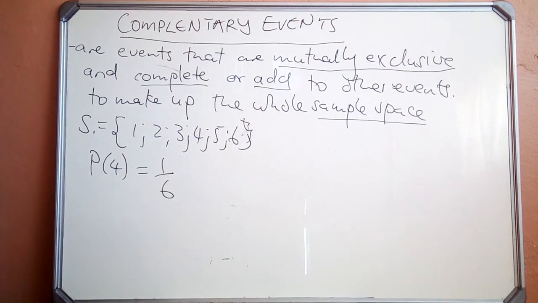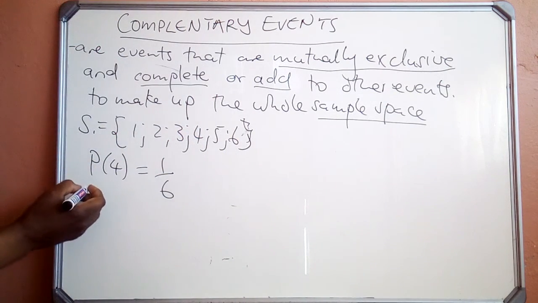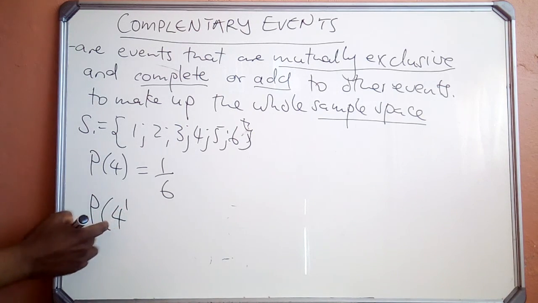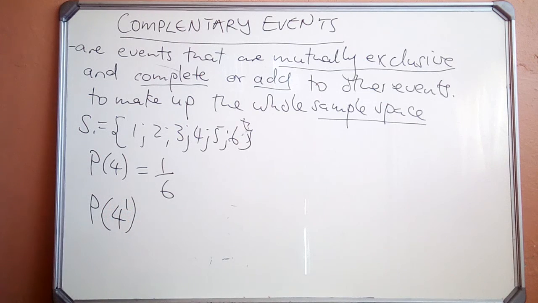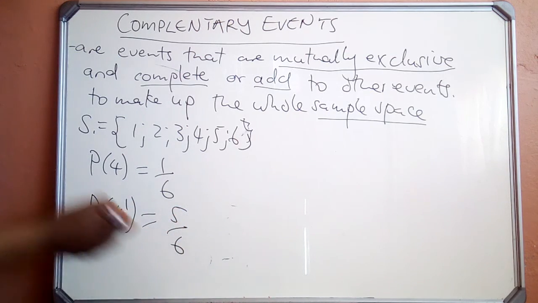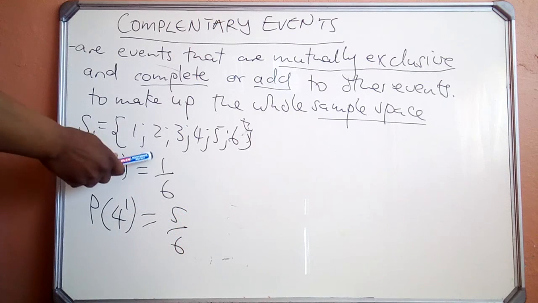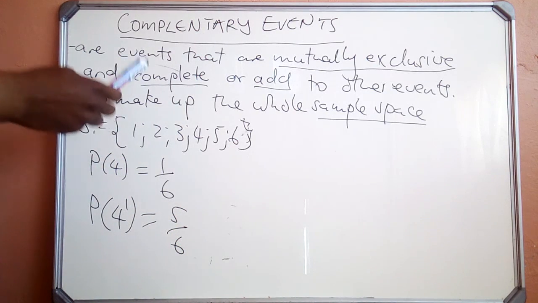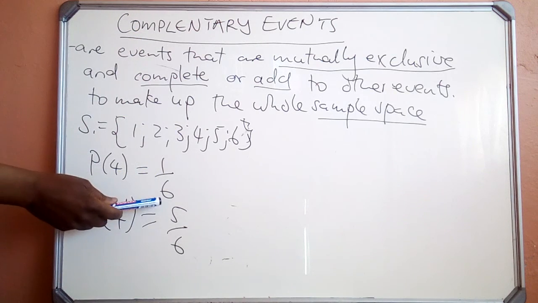But what is the probability of not rolling a 4? You see, when you see this sort of apostrophe, a small mark on top there, that means the probability of not rolling a 4. So this will be 5 over 6, right? Now 1 over 6 is the chance that it will be a 4. The other chances that are not 4 are 5 over 6.